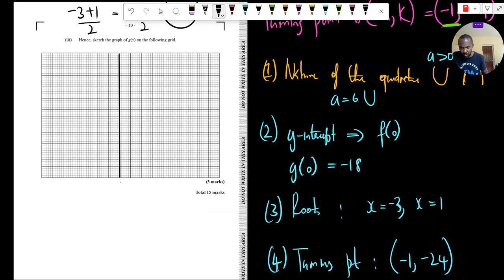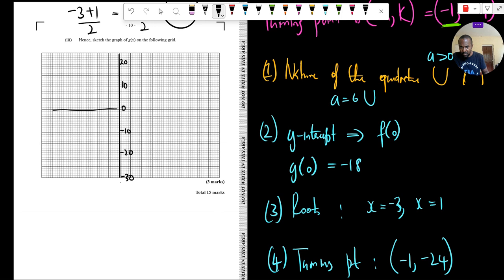Actually, -30, -20, -10, 0. All right, I'll call it this. So this will be -30, this will be -20, -10, 0. This is 10, this is 20. Let's do it that way.